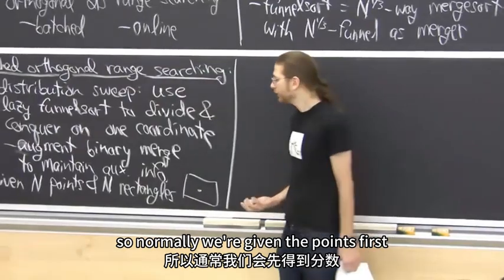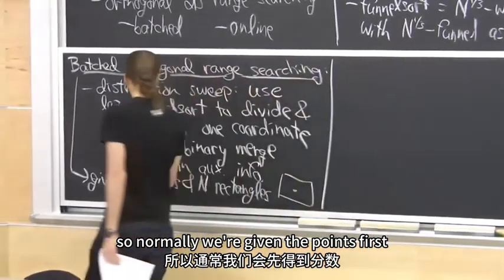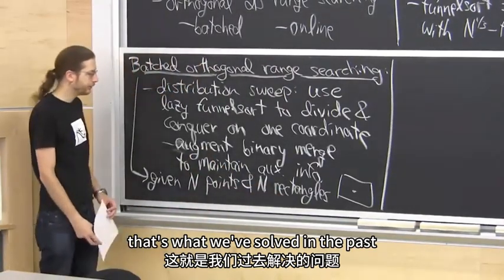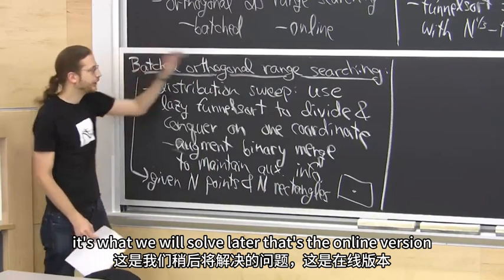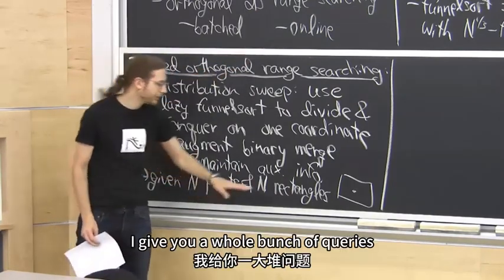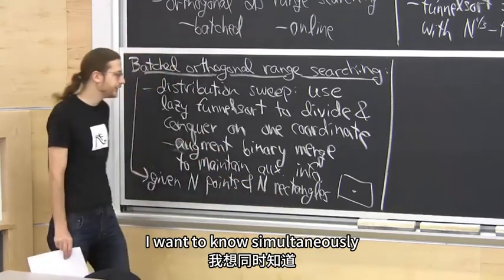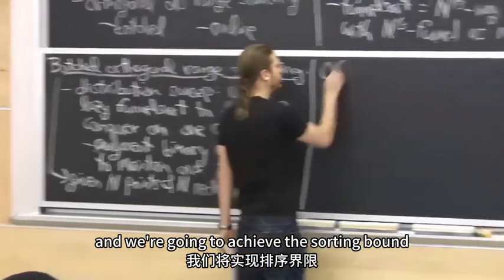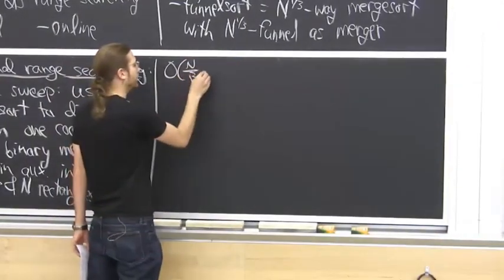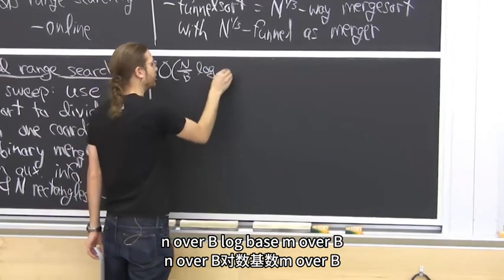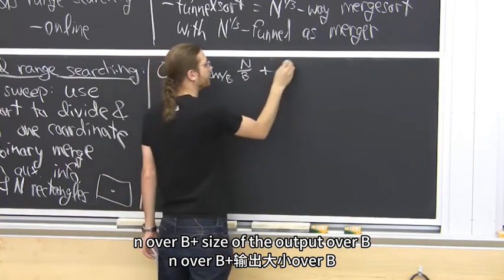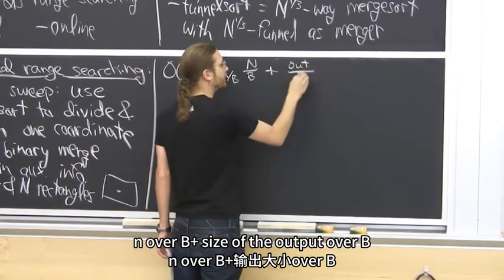Normally we're given the points first, and then we're given the rectangles one at a time. That's what we've solved in the past. It's what we will solve later. That's the online version. The batch version is I give you a whole bunch of queries I want to know simultaneously, and we're going to achieve the sorting bound: n over b log base m over b of n over b, plus the size of the output over b.